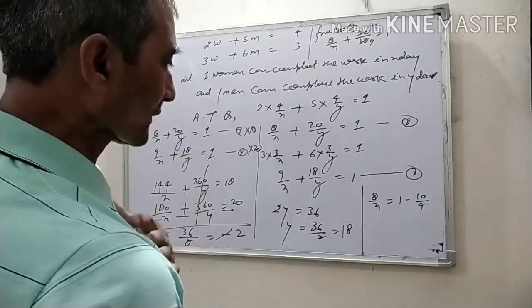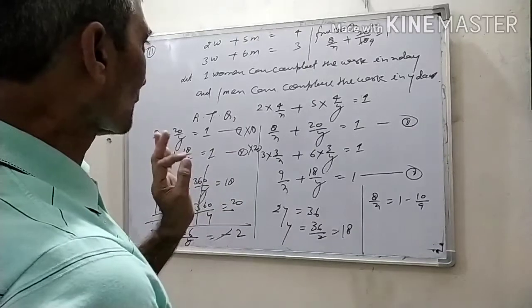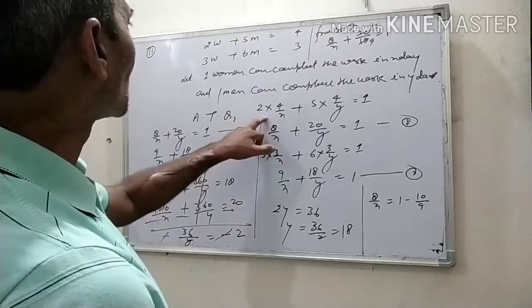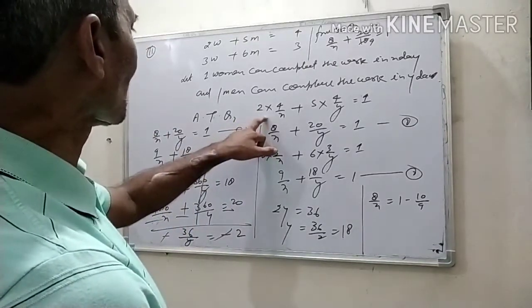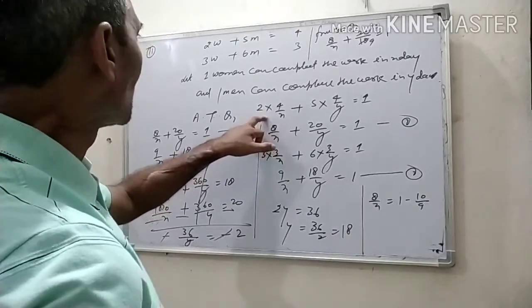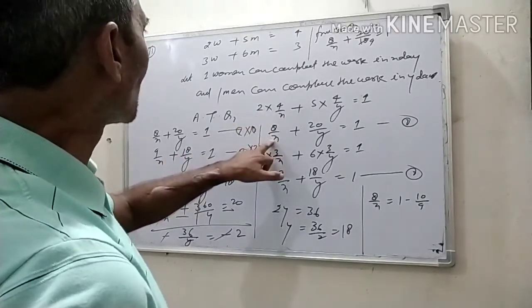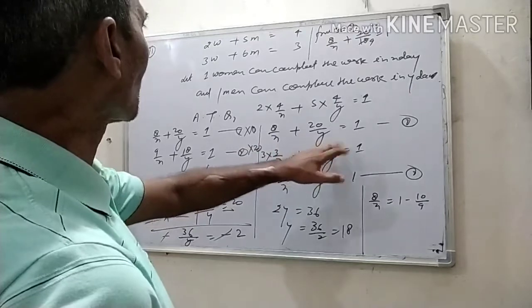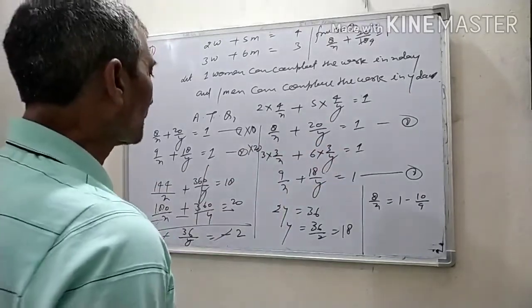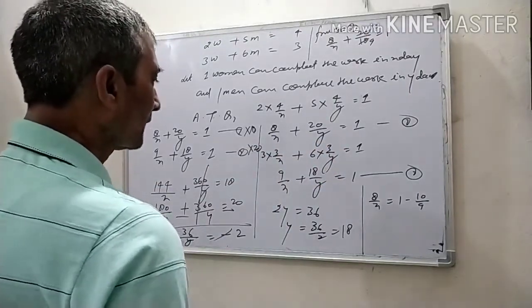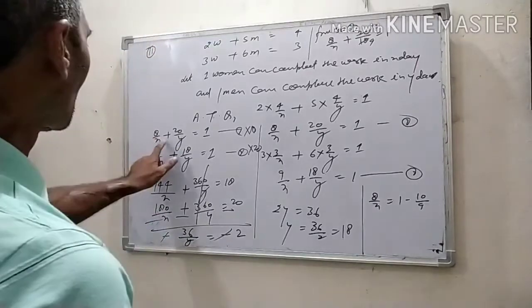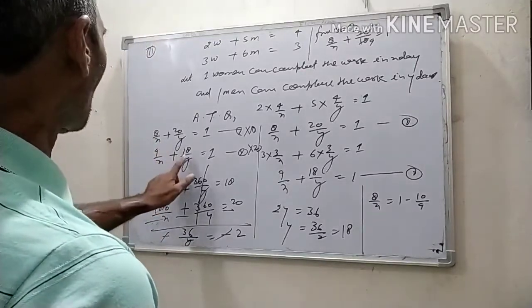1 minus this. Something goes wrong. 4 by x to 8 by x, 20 by y equal to this. 9 by x, 18 by y equal to this. 8, 20, 9, 18.